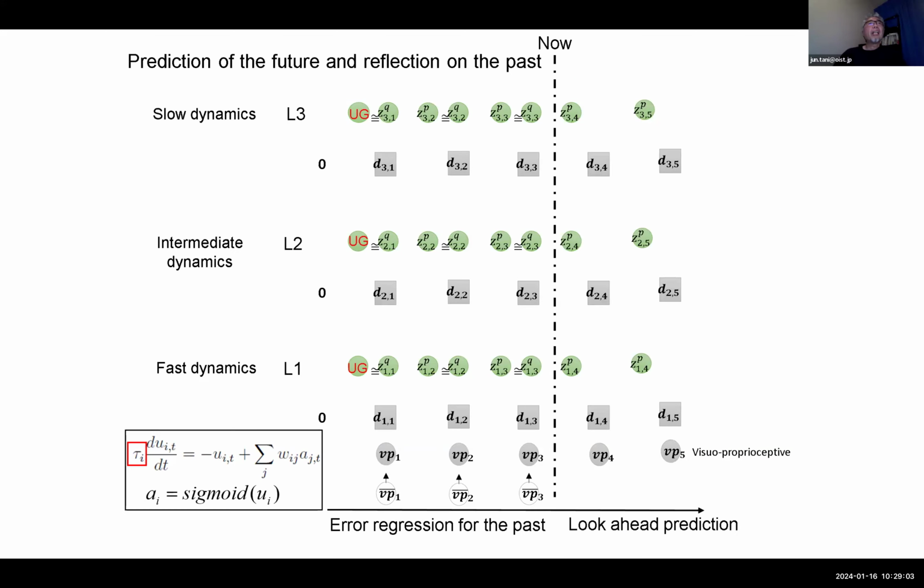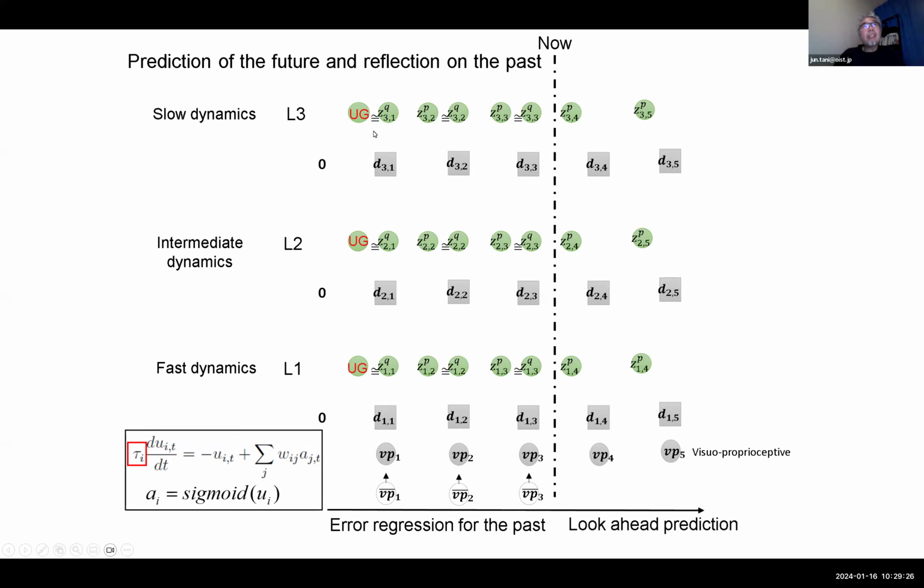So this time we did an experiment using three levels of PVRNN. The higher level is slow dynamics and the lower level is fast dynamics. This is the time step, this is the past and this is the future prediction.